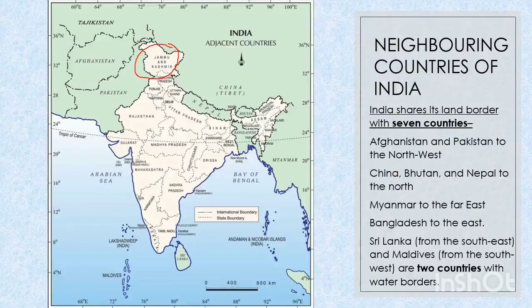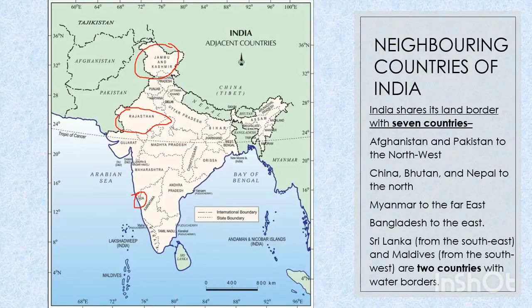It is considered a union territory along with Ladakh also. So right now we have 28 states and 8 union territories of India. In this, the largest state in India is Rajasthan, and the smallest state is Goa. Can you see, children, there?